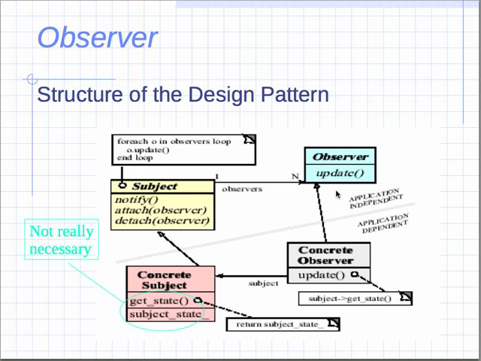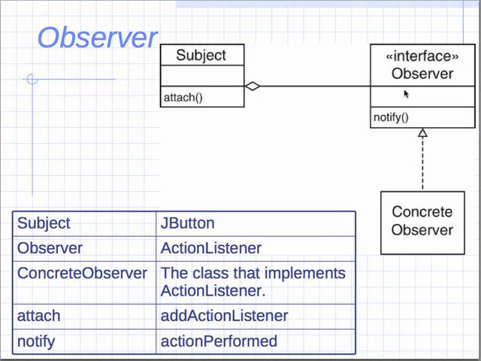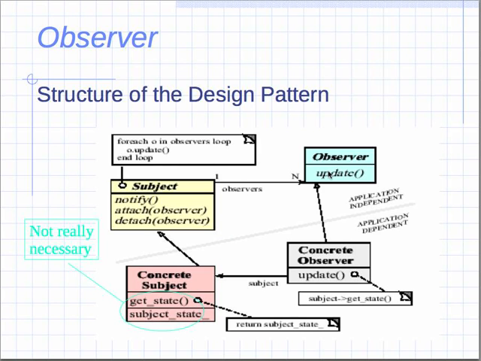The observer is notified. So the observer is just an interface which has a notify or update method. It's the same thing, just slightly different notation. Usually we use notify. Some people call it the update method instead. That's actually what Java uses.